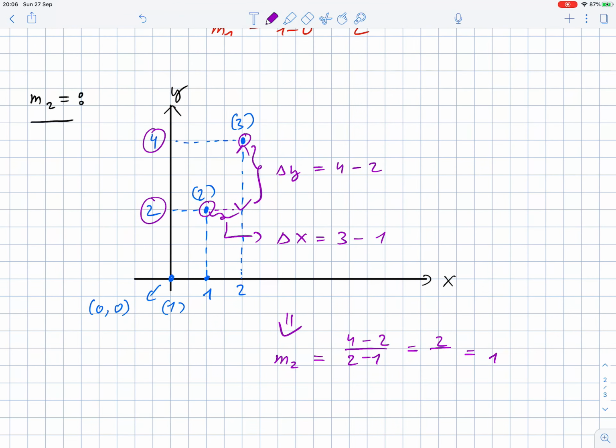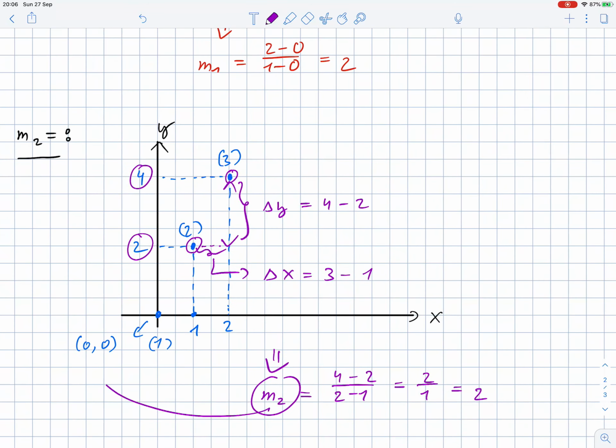It's 2 minus 1 equals 1. 2 divided by 1, and we get the same result as in the previous calculation of the ratio. You see that m2 equals m1.